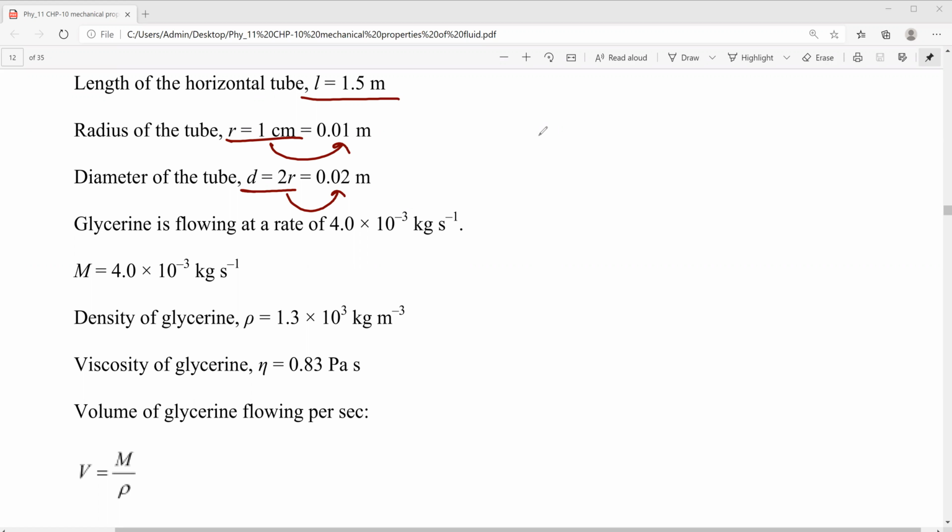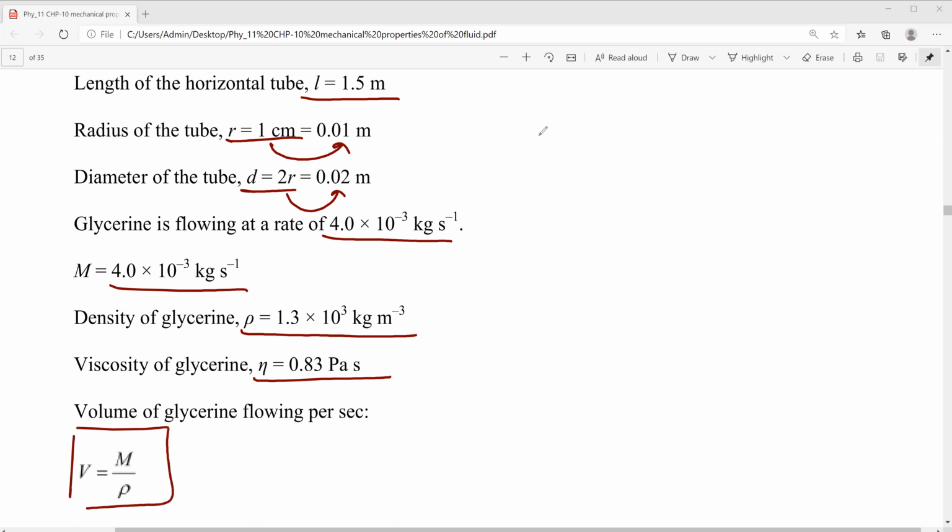Glycerin is flowing at the rate of 4 into 10 to the power of minus 3 kg per second. Density of glycerin rho is equal to 1.3 into 10 to the power of 3 kg per meter cube. Viscosity of the glycerin is represented by eta, which is equal to 0.83 Pascal second. The volume of glycerin flowing per second is calculated by the formula V is equal to mass by density.